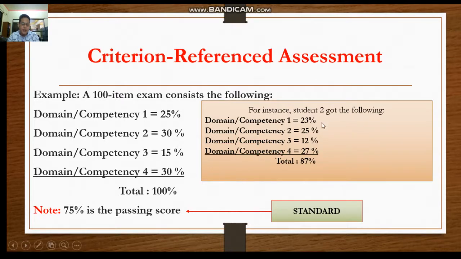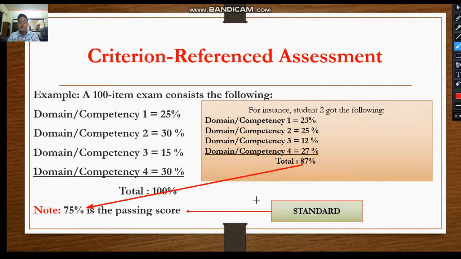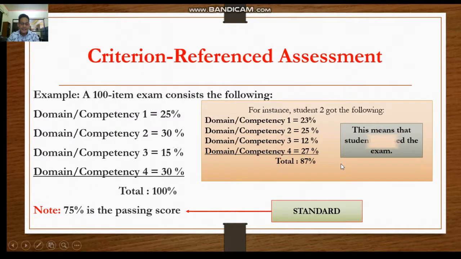In domain 1, he got 23%. In domain 2, he got 25%. In domain 3, he got 12%. And then in domain 4, he got 27%. For a total of 87%. So if we are going to compare his or her score to our 75% passing score or the standard or criteria that we set, that means student 2 passed the exam.